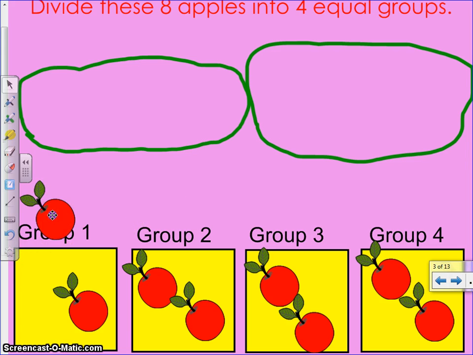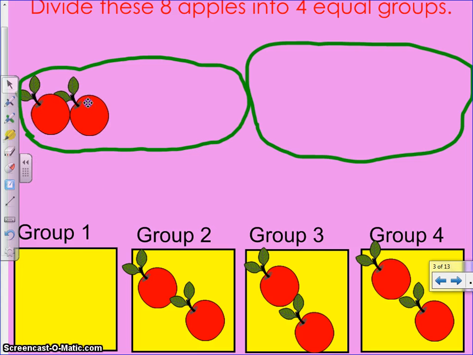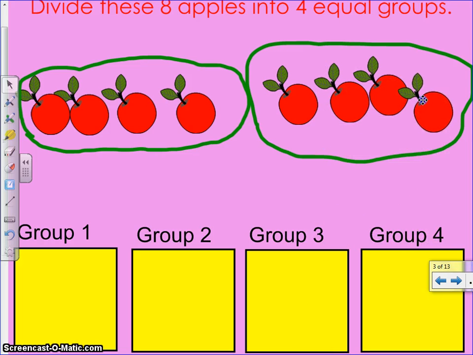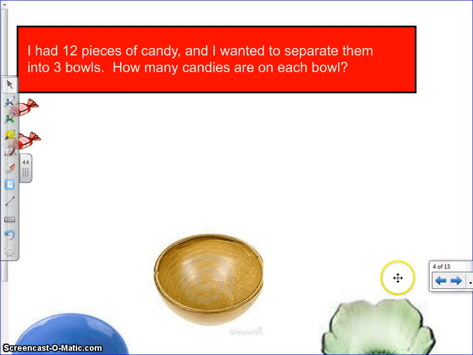The other way, I would say, oh, well, I had 2 groups, there are my 2 groups again in those green circles, okay? I have 2 groups, and I had 4 in each group, so 2 times 4 is 8, okay? So again, division is just the opposite of multiplication. I'm taking a big amount, and I'm sharing it equally and dividing it equally into groups. Let's take a look at another example on the next page.